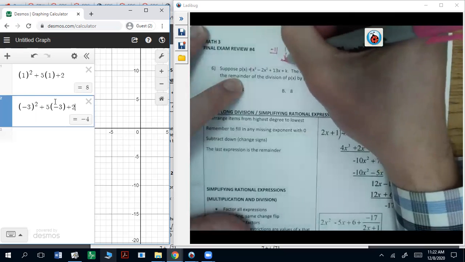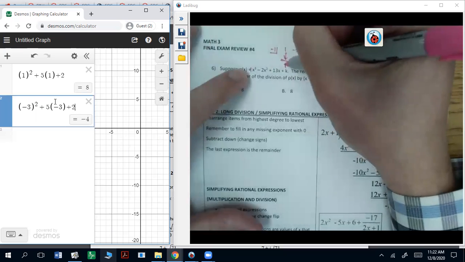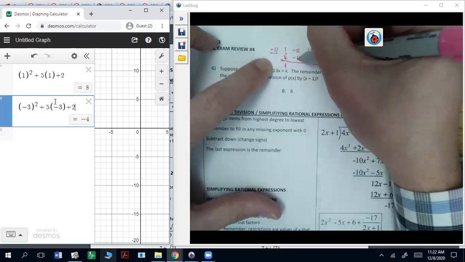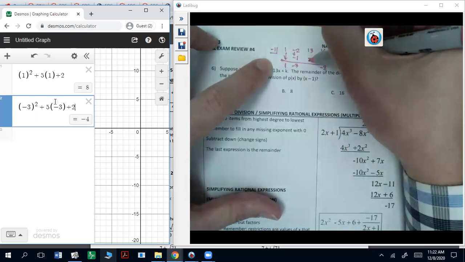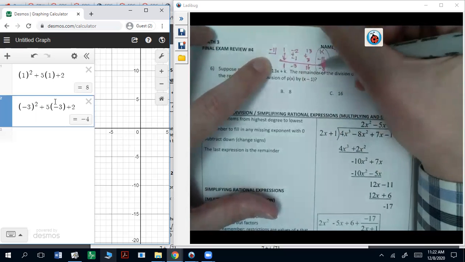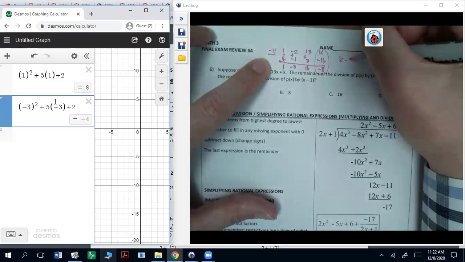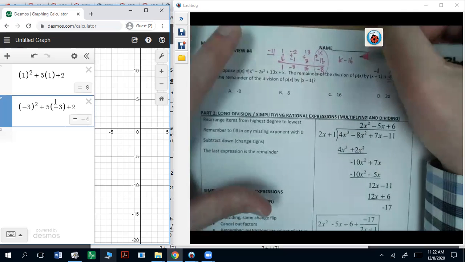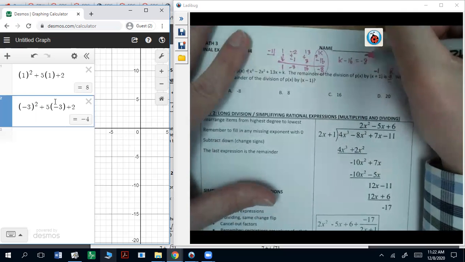So remember, synthetic division, you bring down the first number, you multiply it, you add, multiply, add, multiply, and then you solve this last one, k minus 16, or k plus -16, which is minus 16 equals -8.